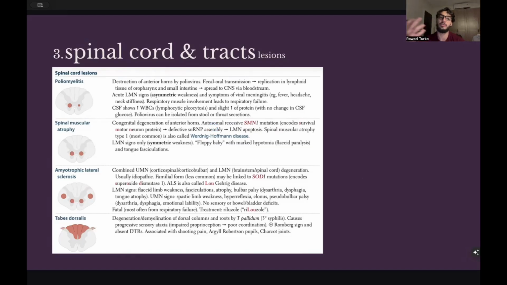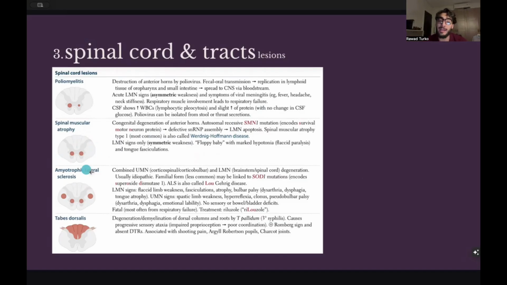This has to do with mRNA processing and intron splicing, which leads to lower motor neuron apoptosis. Okay. So this is also called Werdnig-Hoffmann disease. All right. And these are only lower motor neuron signs because again, there's only congenital degeneration in the anterior horn cells.